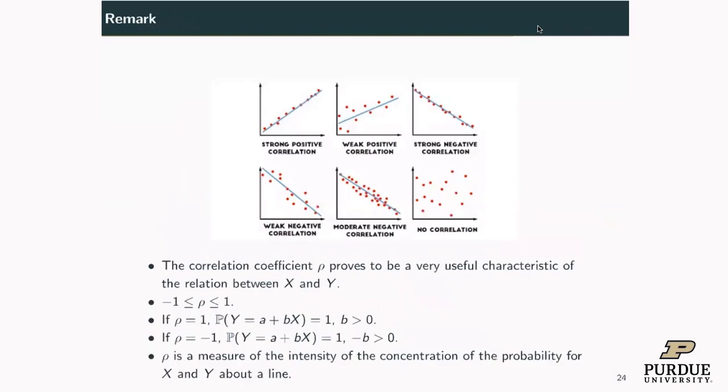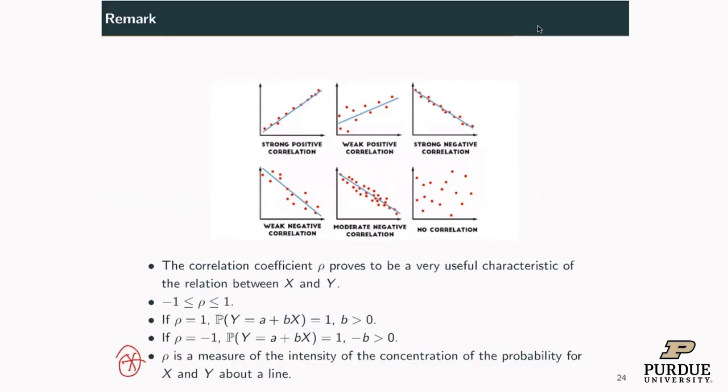Now the next question is how to interpret this rho. What do you mean rho is large or rho is small? What's the meaning of this rho, correlation coefficient? So the correlation coefficient rho proves to be a very useful characteristic of the relationship between X and Y. Now, what kind of relationship? Here is important.